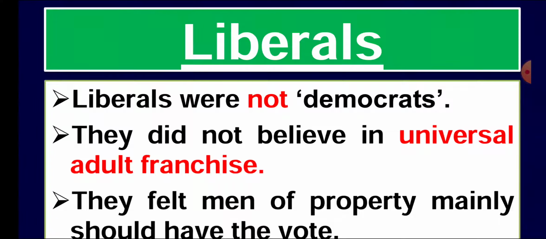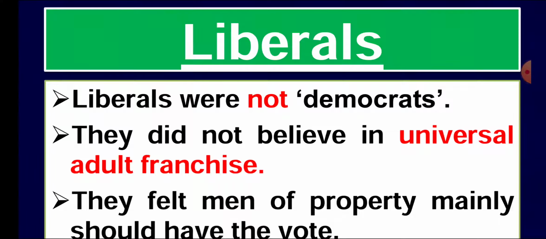Here it refers that they did not believe in universal adult franchise. I hope you read this universal adult franchise from 6th class onward. Meaning, people who are 18 years and above, only they have the right to vote.